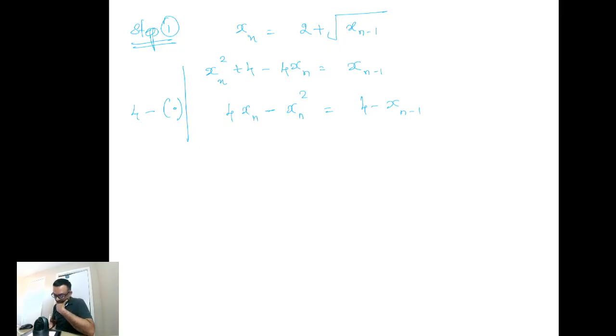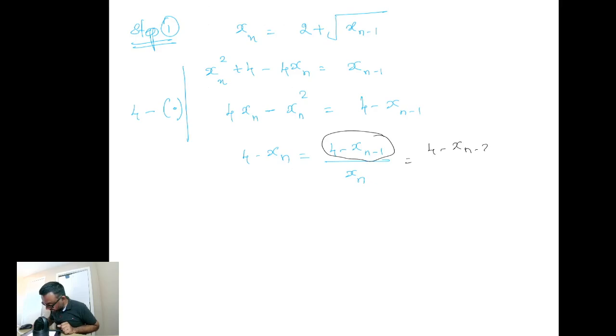So from here, what can I write? I can write 4 minus xn is the same as 4 minus xn minus 1 divided by xn. So far we are on the same page, right? Now, if I use the same recursion, then instead of this term, I'm going to write this as equal to 4 minus xn minus 2 divided by xn times xn minus 1.